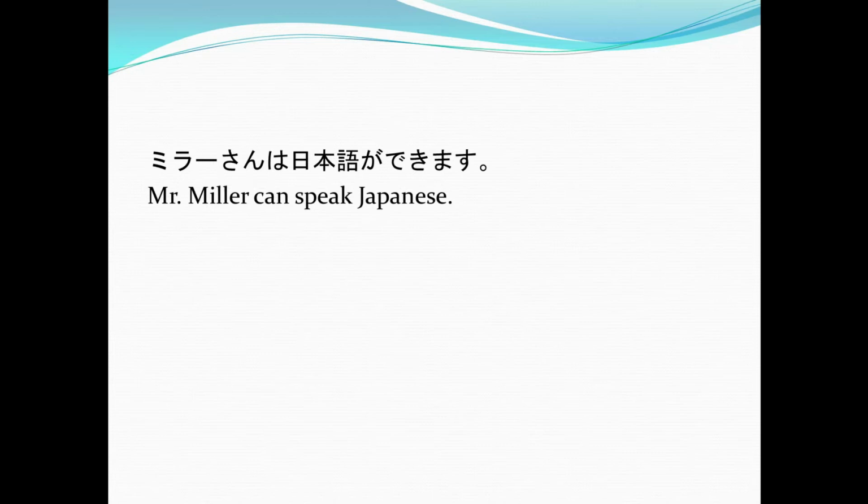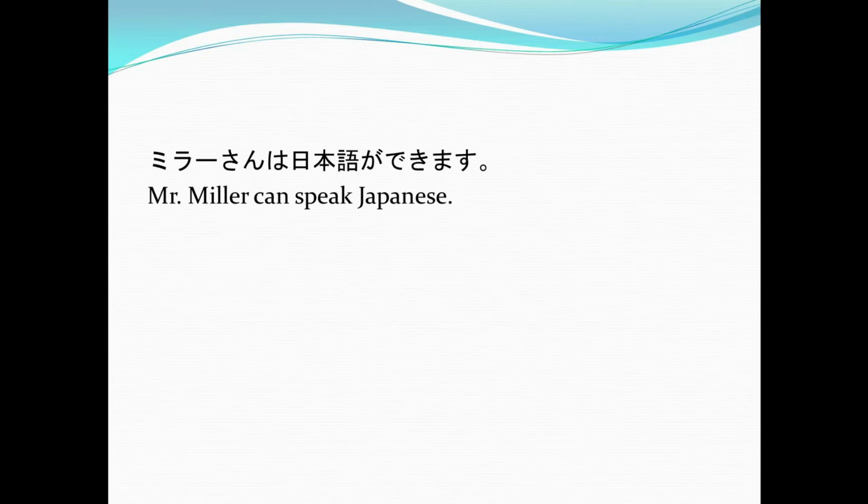Instead of saying Mira-san wa nihongo wo hanasu koto ga dekimasu, it is easier to say Mira-san wa nihongo ga dekimasu, which also means Mr. Miller can speak Japanese. Right? It means just the same as Mr. Miller can speak Japanese.